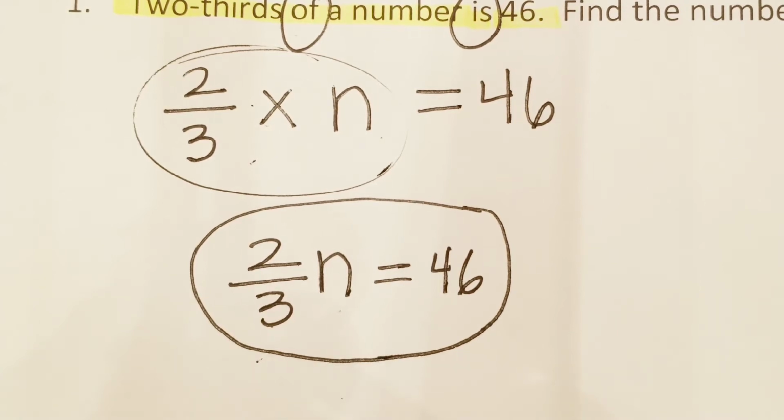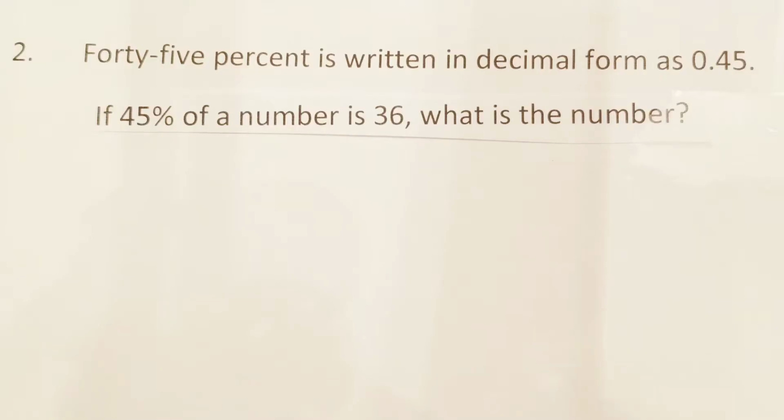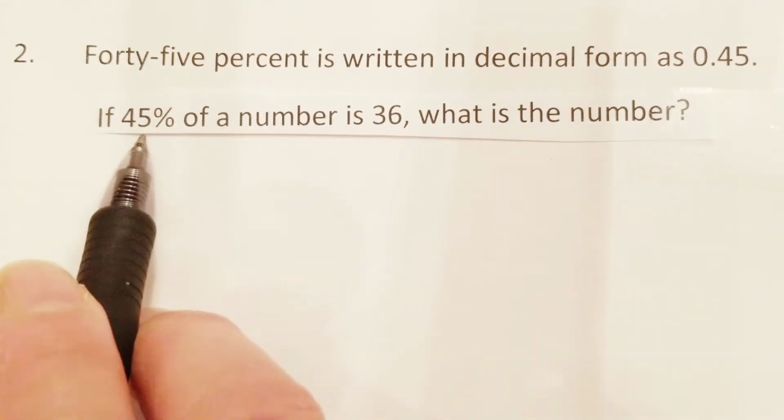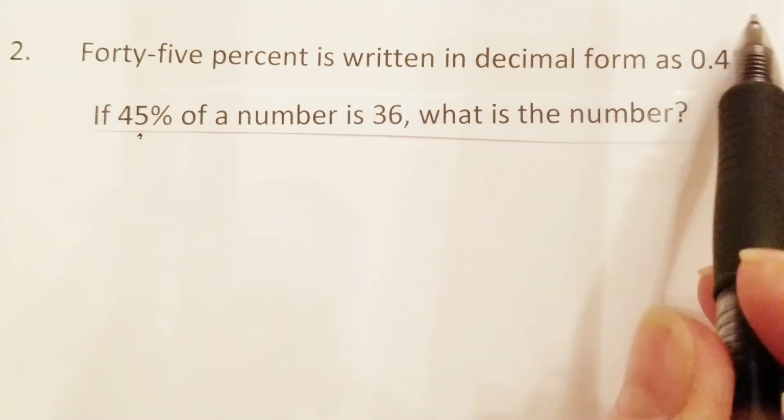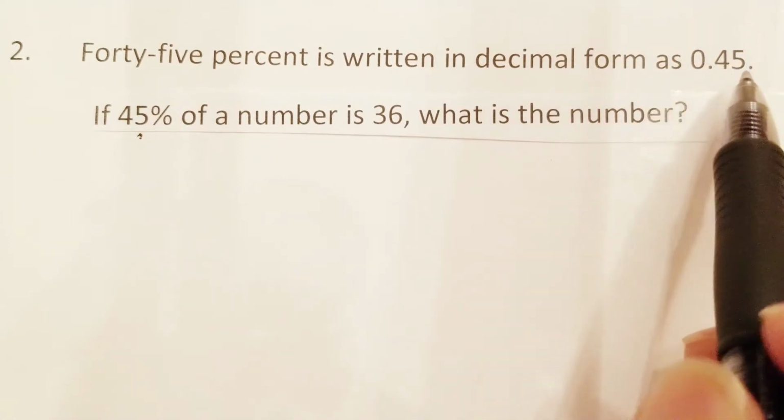So that's number 1. Number 2, again, they just want an equation. 45% is written in decimal form as 0.45. So that's just some information to let you know that 45% written in decimal form is 0.45.